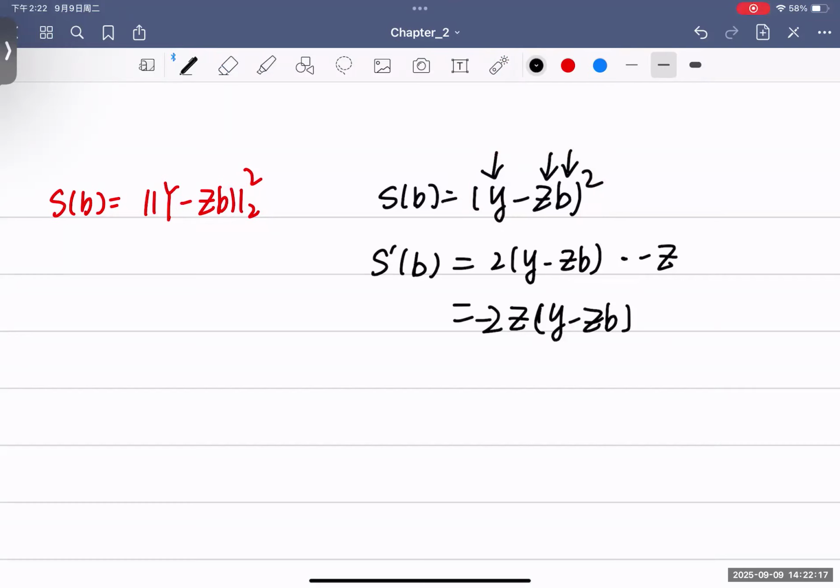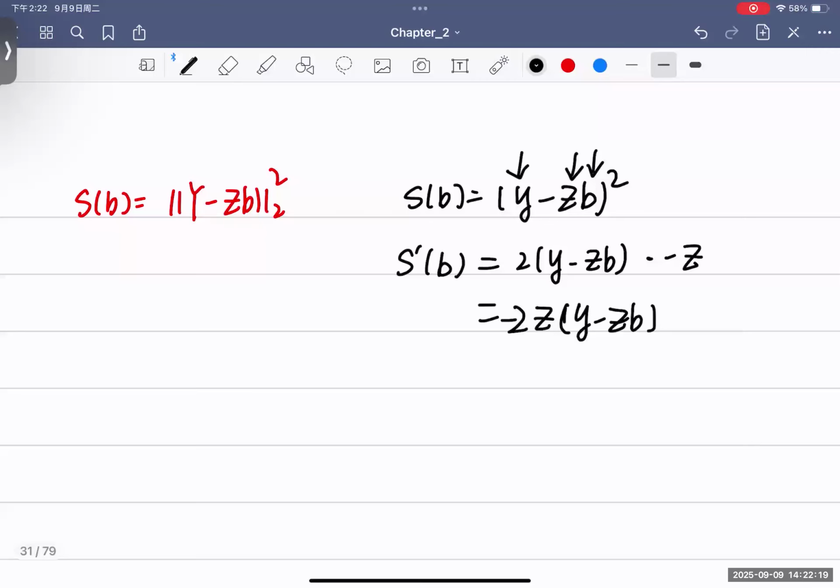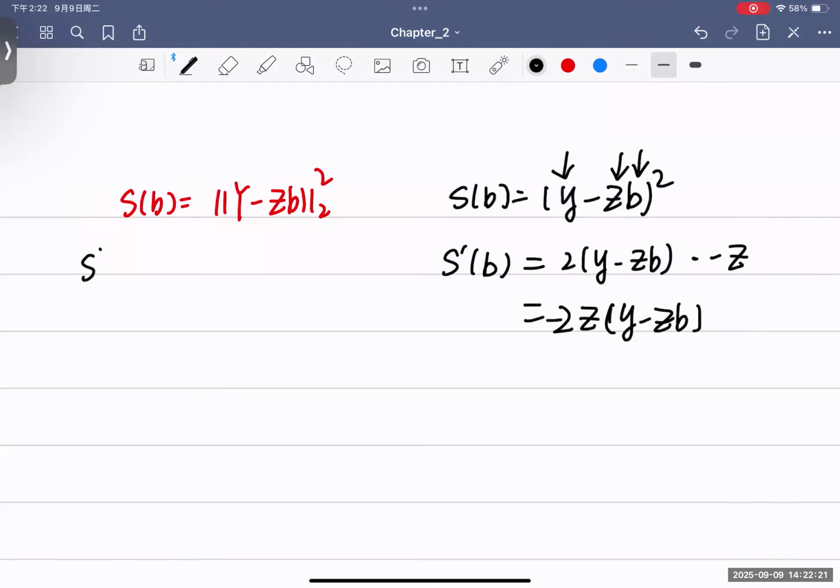And we are wondering whether we can do the same thing for the matrix form. So you just copy 2 times negative z times (y minus zb). Of course, we need to check whether the size is right.